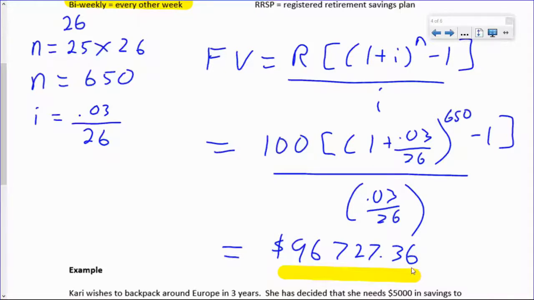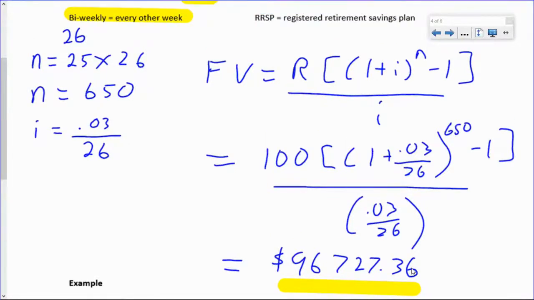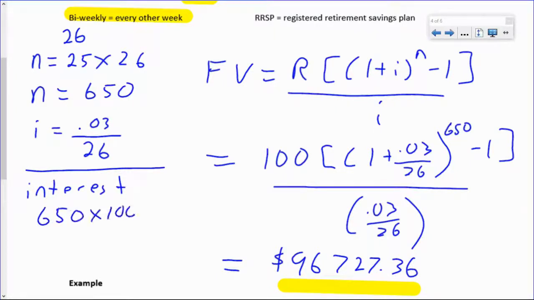The other question here is, how much interest has he earned? Well, if he made 650 payments of $100, then that is $65,000 that he put away. Yet he has $96,727.36. So the difference is the interest.